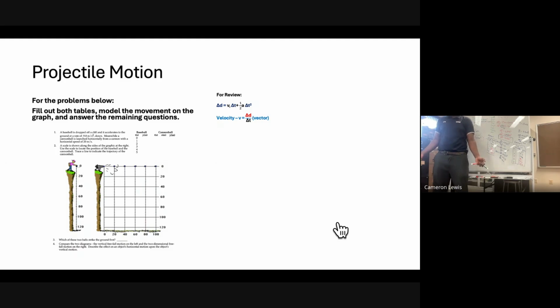No. Gravity works vertically, so horizontally, we're not going to have an acceleration unless we have some type of force acting upon it, like a friction or an initial push or a pull. Does that make sense?